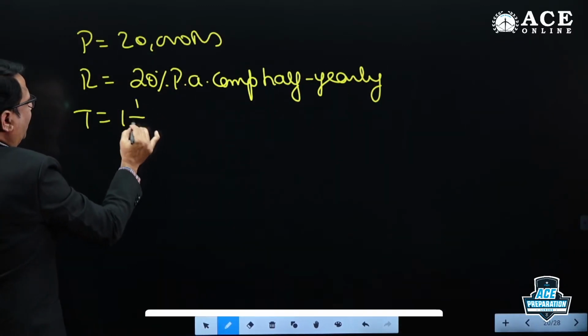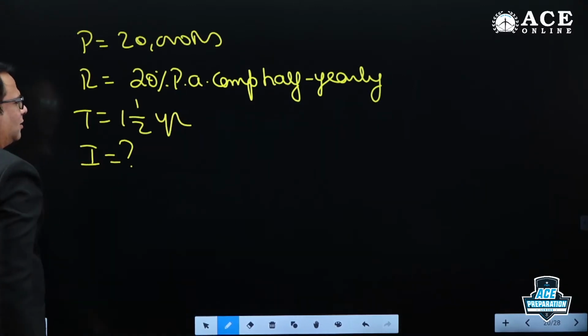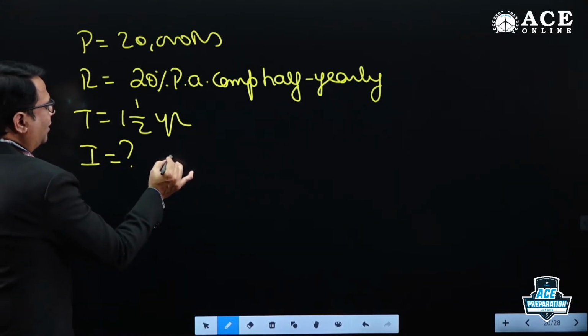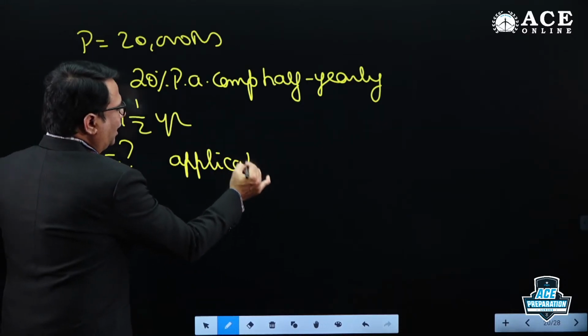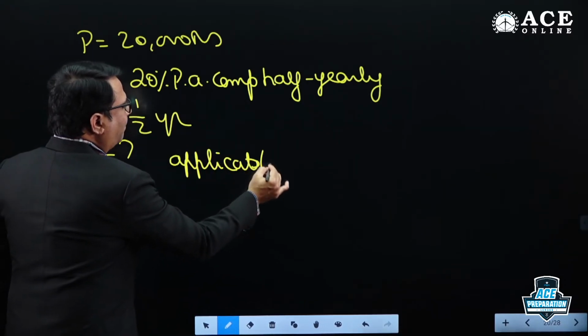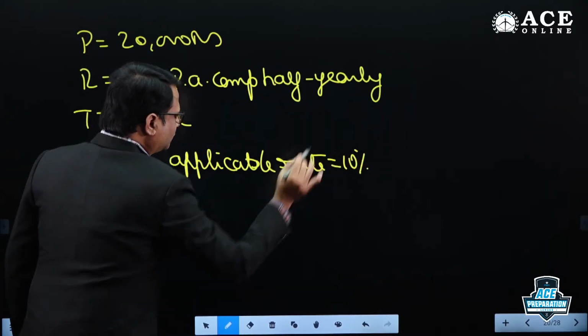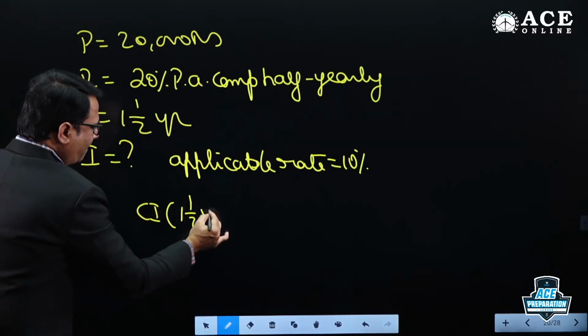Time 1.5 year. What is the interest? That is the question. Now here, applicable rate, I write here, applicable rate is 10%. Now compound interest for 1.5 year.